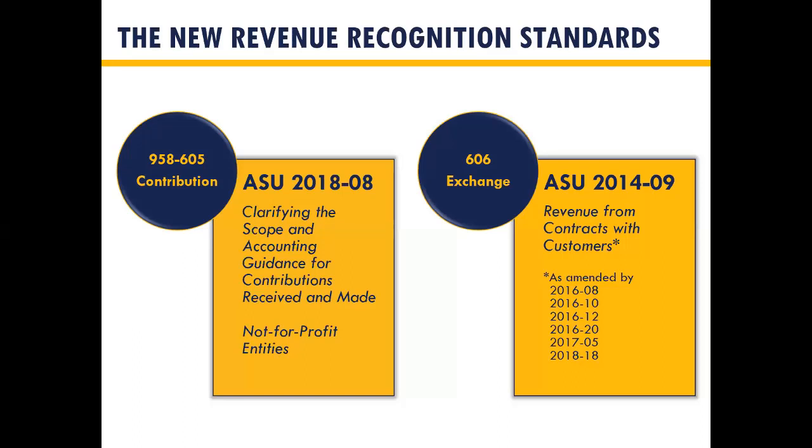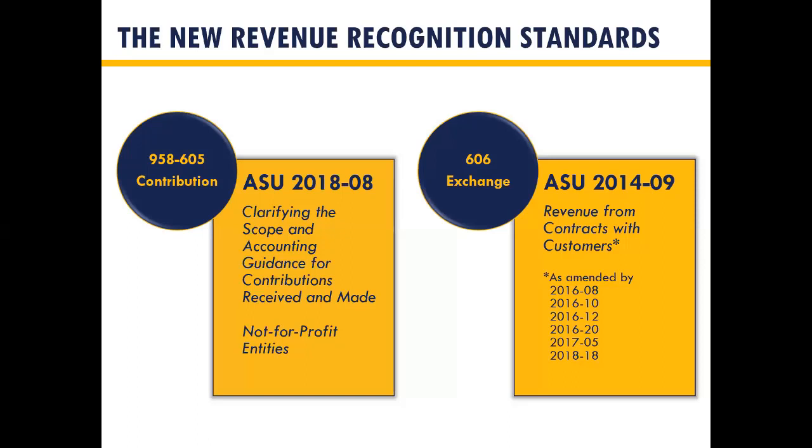But the piece that was excluded from that was contributions. So in the nonprofit industry, that's a key area that we focus on. So it really left the question of whether or not there needed to be some clarity as it relates to revenue recognition centered around contributions.